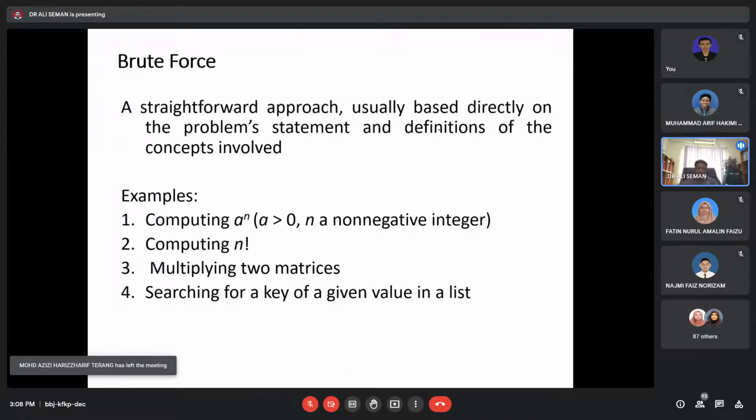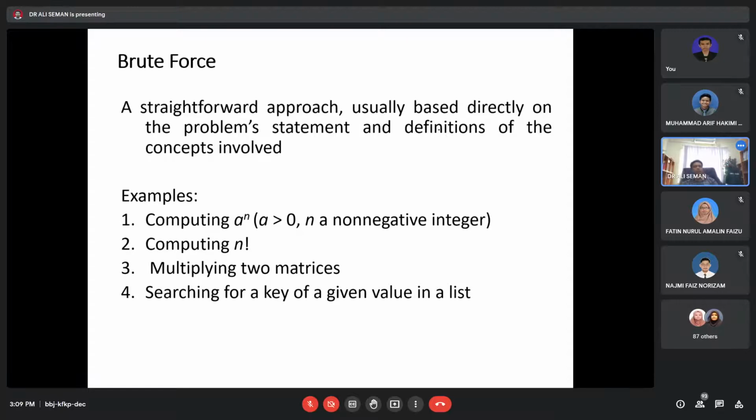Okay, brute force. What is brute force? As we discussed just now, a straightforward approach, usually based directly on the problem statement and definitions of the concepts involved. Some examples: first, computing a to the power n, where a is greater than 0 and n is a non-negative integer. Second, computing n factorial, where we can solve it directly, like brute force, for example n equals 5 times 4 times 3 times 2 times 1.